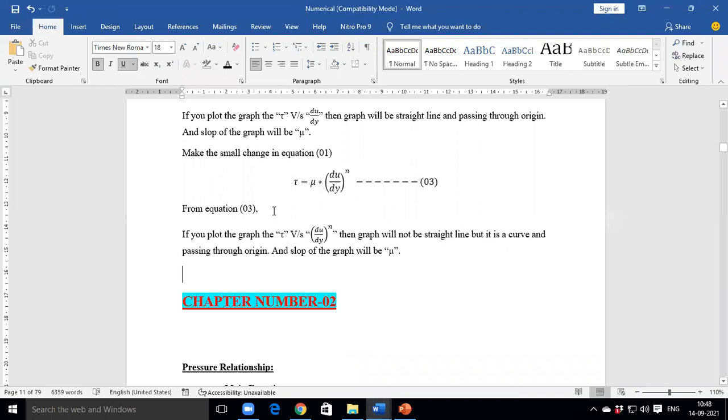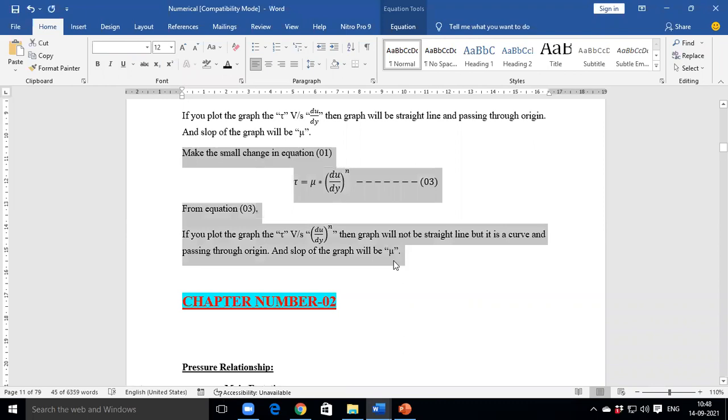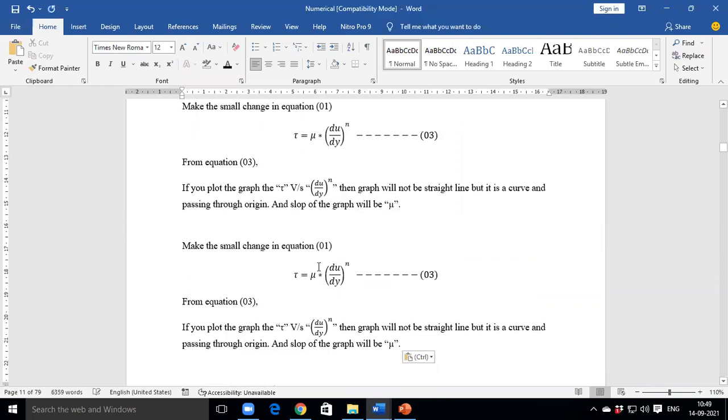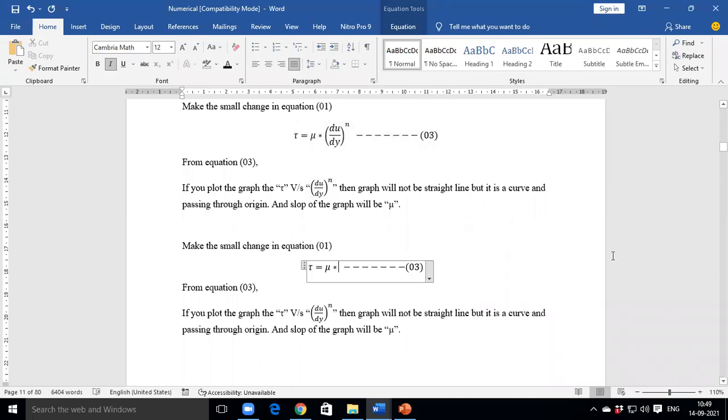And we can also take a small change in equation number 1. I will show you that small change in equation number 1 again.